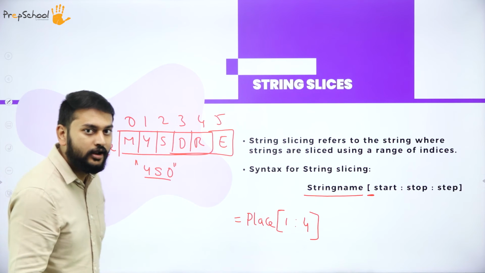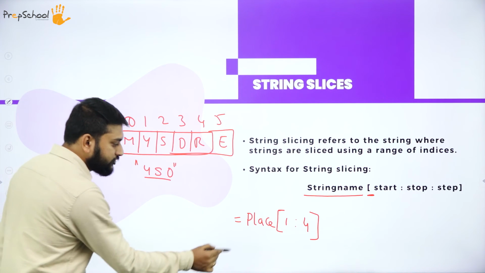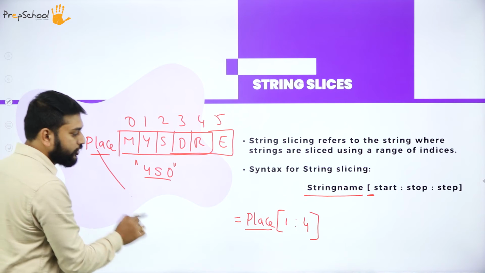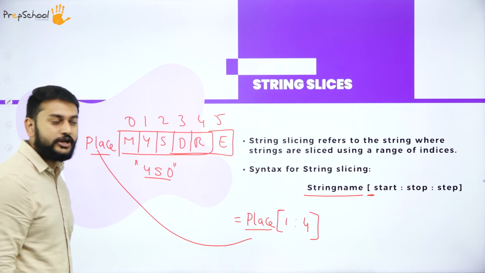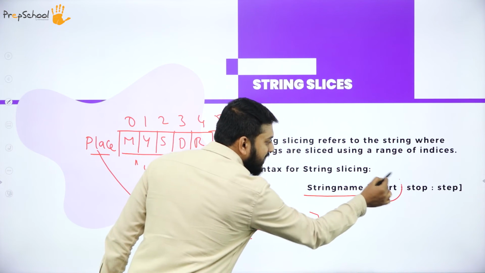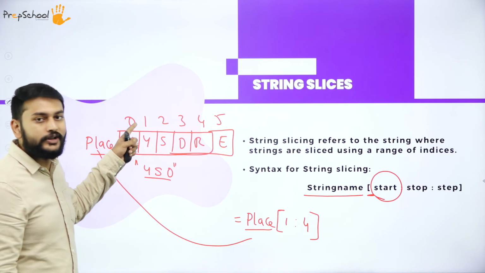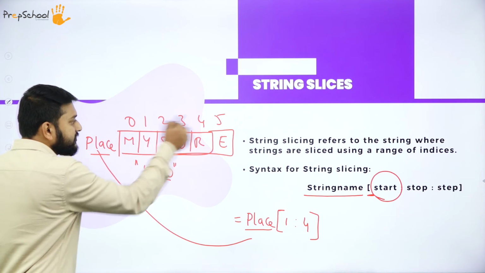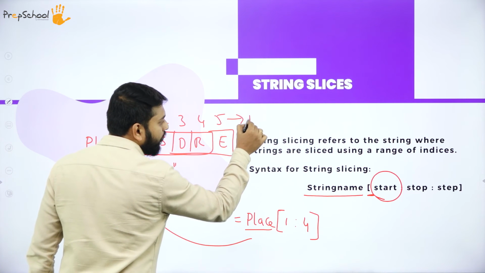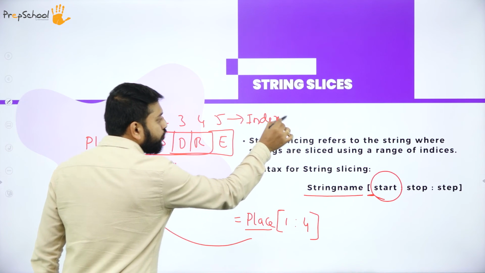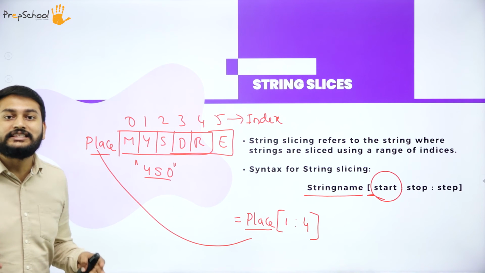I will repeat for all of you. First you have to write the name of the string. Then you have to mention the start value, from where exactly you need to slice. What is this? This is the index. Using this index, you will be doing the string slicing.